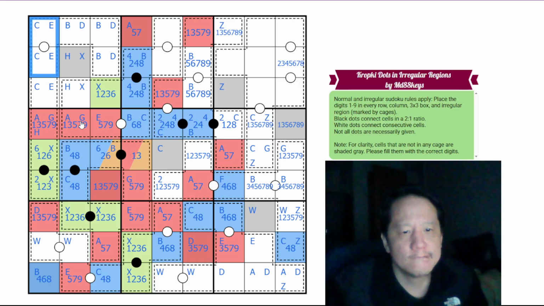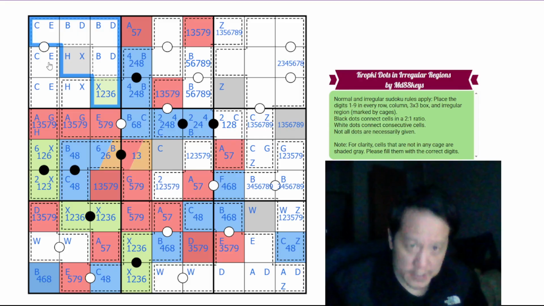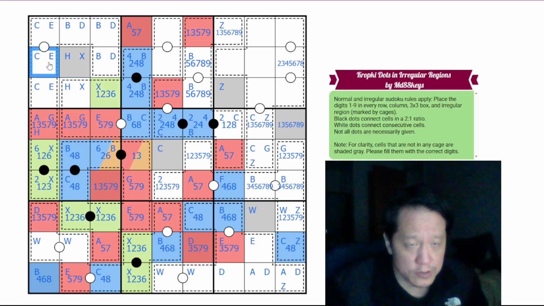A is not consecutive with C. So A cannot be here or here or here. If we try to have A be here, I don't think that works.